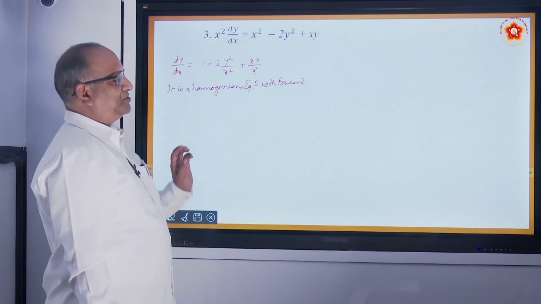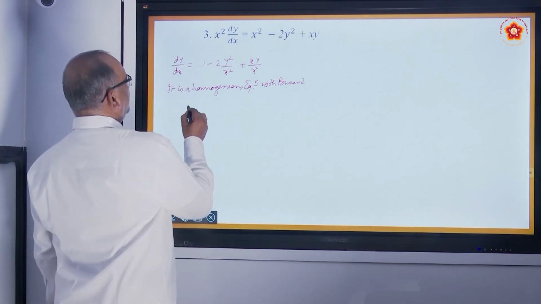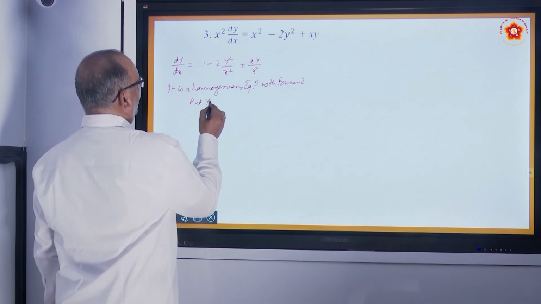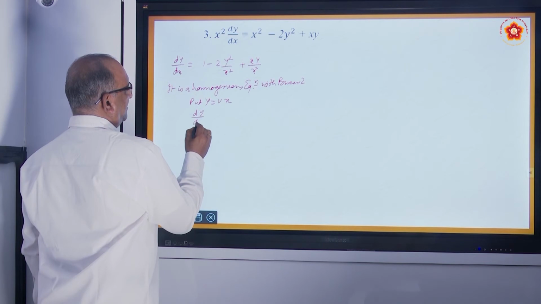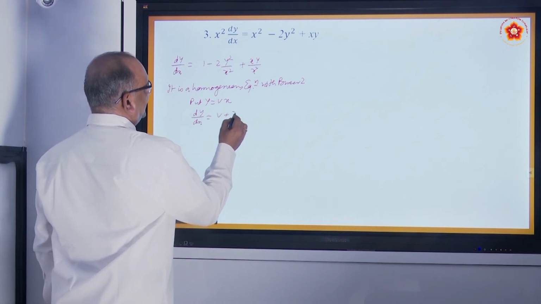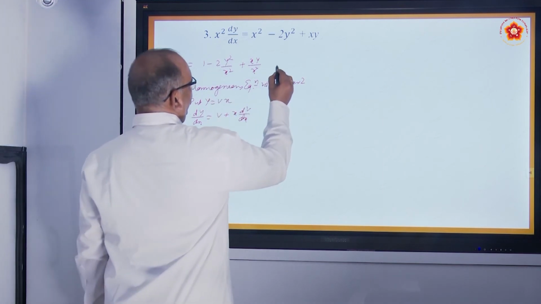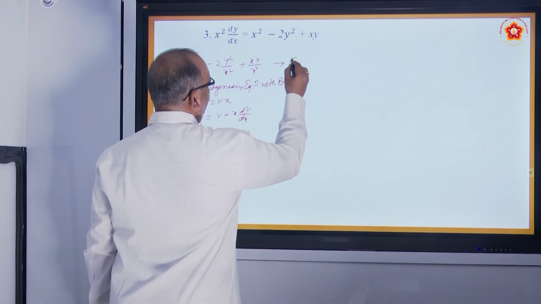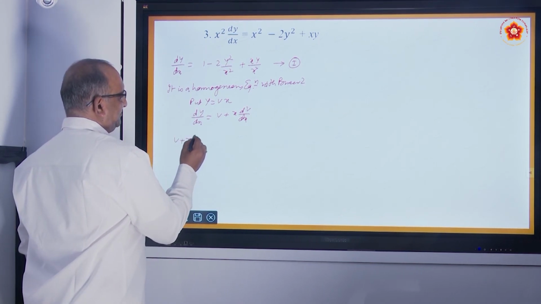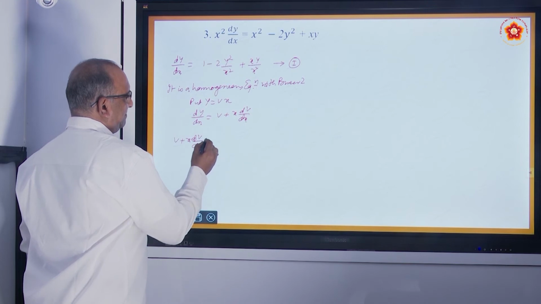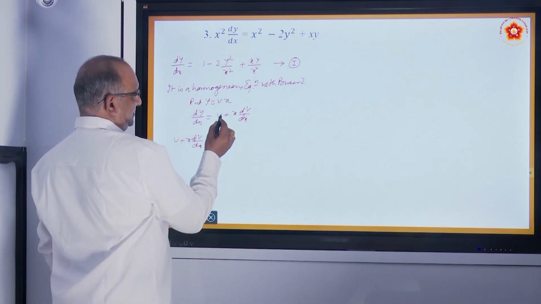Once we know it is homogeneous equation, we follow the procedure. What is the procedure? Put y equal to vx, dy by dx equal to v plus x dv by dx. Make this substitution in equation number 1. Substitute this, you will get v plus x dv by dx equal to 1 minus 2, y is vx.